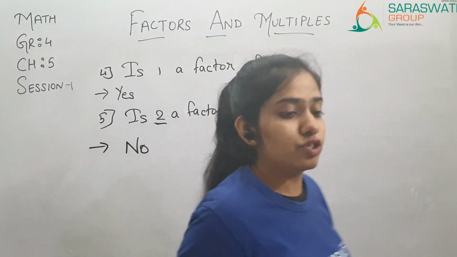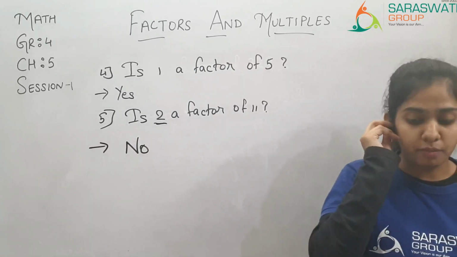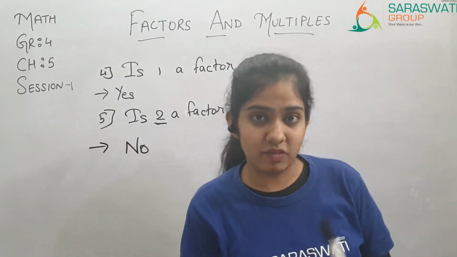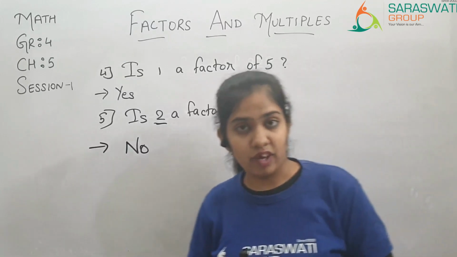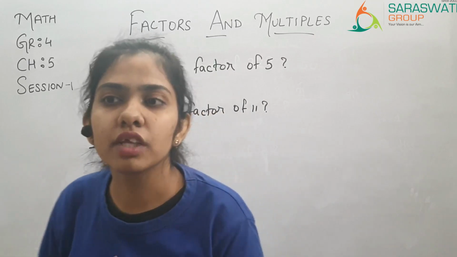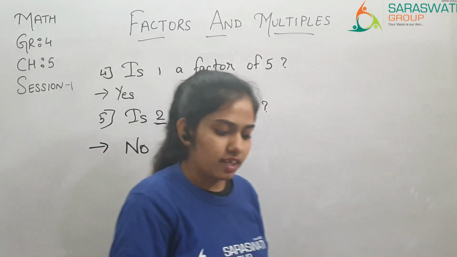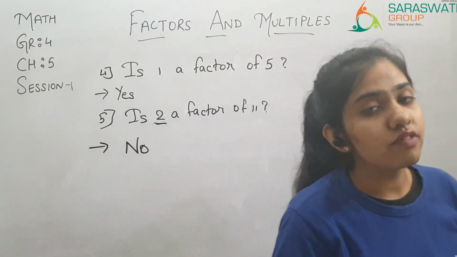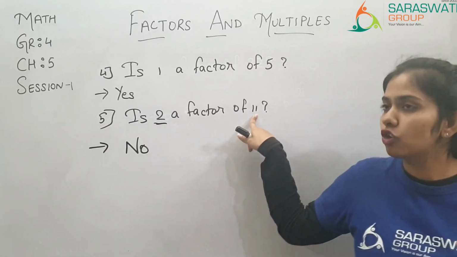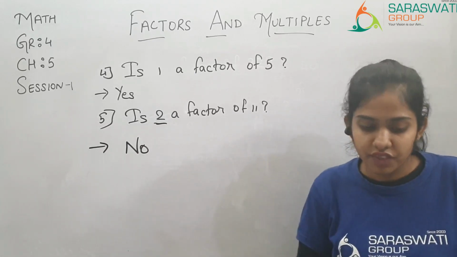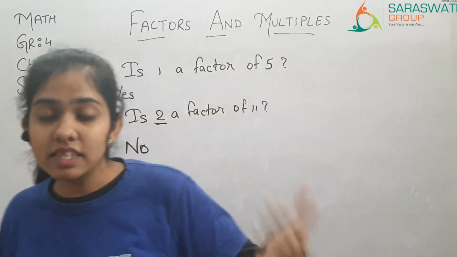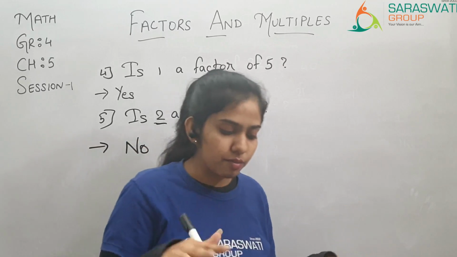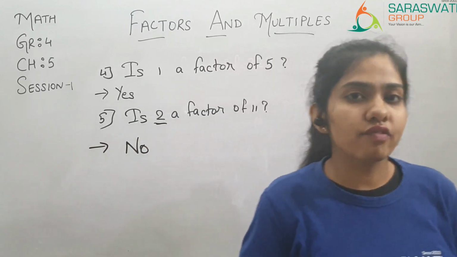Then we understood some points to be remembered, some facts related to factors. 1 is a factor of every number. Every number is a factor of itself. The smallest factor of any number is 1 and the greatest factor of any number is the number itself.